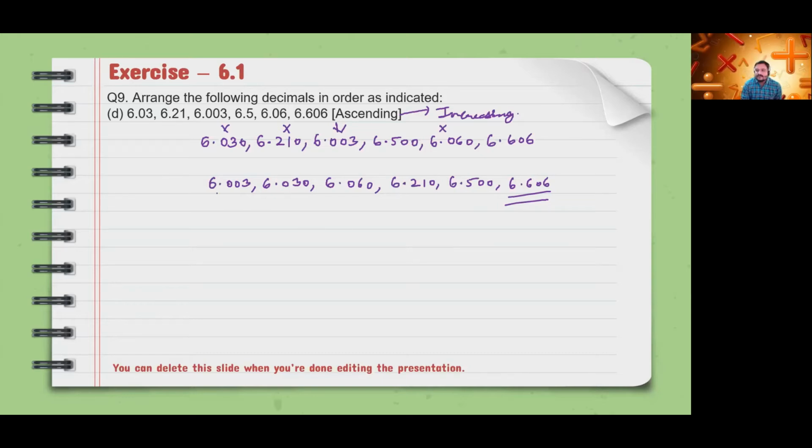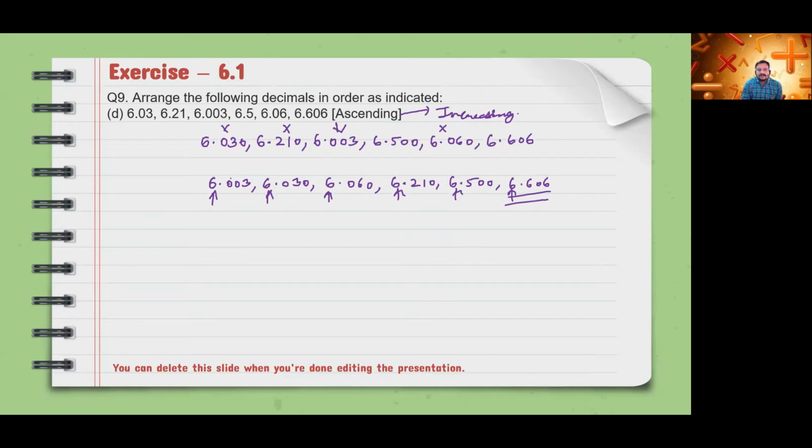Now see here also you can compare, Ajinkya. This is the whole part of each decimal. It is the same. Convert it into like decimals, then only compare it. It becomes easy for you to understand.